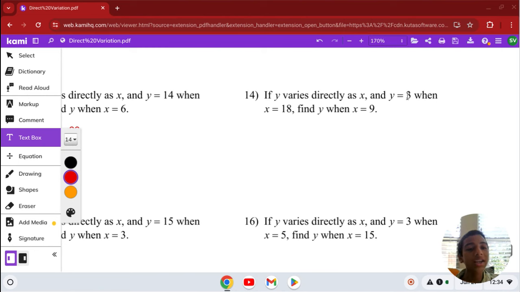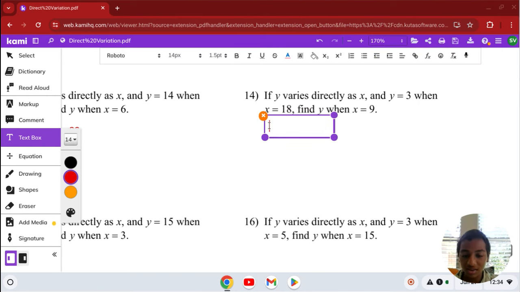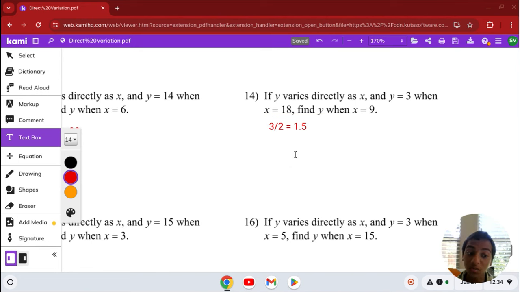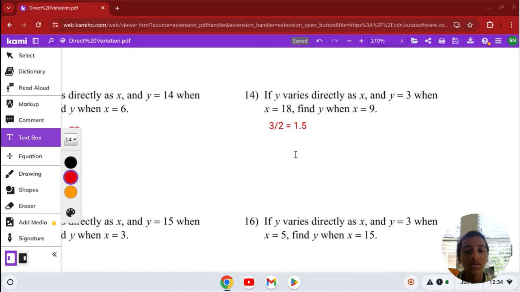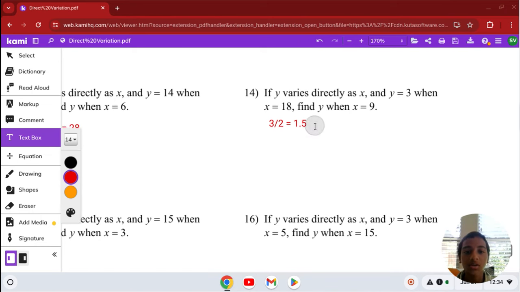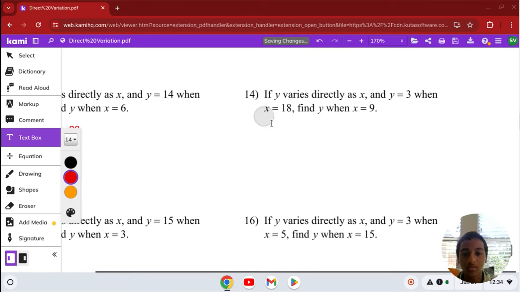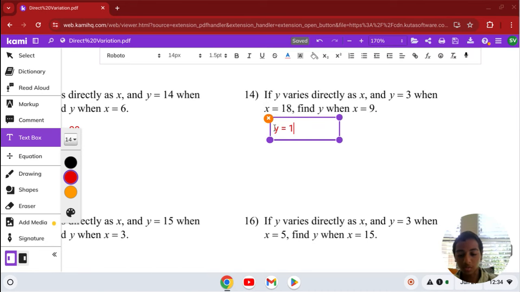So we multiply 3 by 1/2, giving us 3/2, which is equal to 1.5. 1.5 is our answer in number 14. I'm just going to write y equals 1.5.